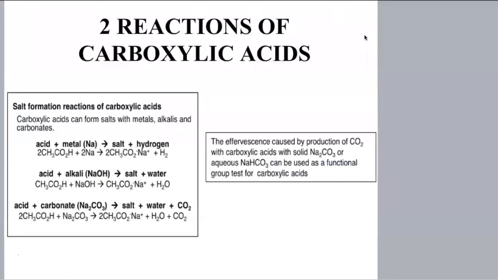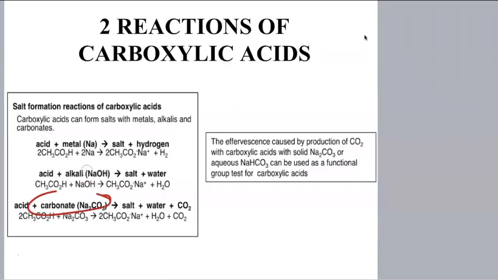So with the other block, we stop at this slide, which is the reactions of the carboxylic acids. Nothing new here, because carboxylic acids act like an acid, therefore they can react with metal, alkali, and carbonate. When acids react with metal, you will get salt and hydrogen.